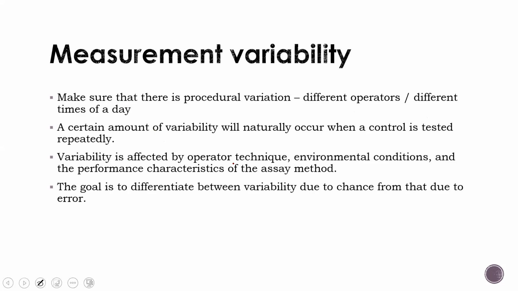So how do we measure variability? Or we can measure actually errors from this one. Make sure that there is procedural variation. When we talk of procedural variation, dapat magkakaiba ang magte-test. Hindi lang iisa ang gumagawa ng control. Dapat magkakaibang araw.